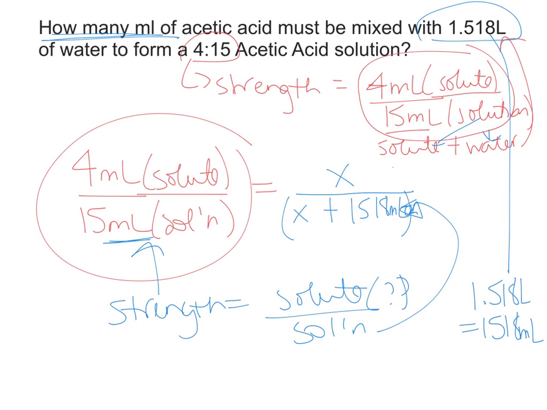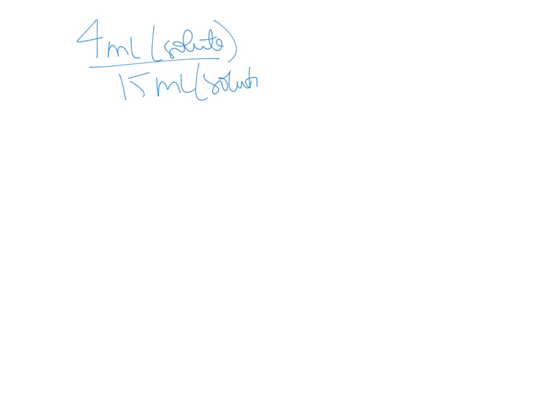So I'm going to move to a new slide. And so now what I'm going to do, let me just rewrite what we had here. So we had 4 mils of solute over 15 mils solution. That's the ideal. That's where we want to get. We don't know exactly how much solute that is, but that's pure acetic acid. We don't know how much we're adding, but we know we're going to add that with the 1,518 mils of water.